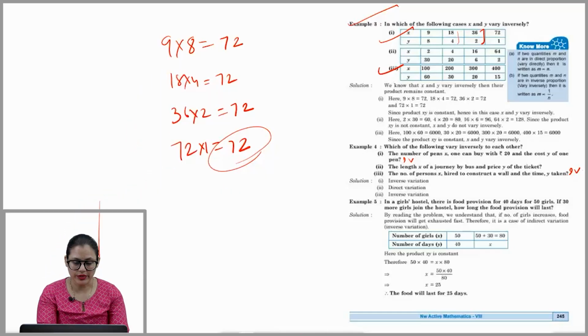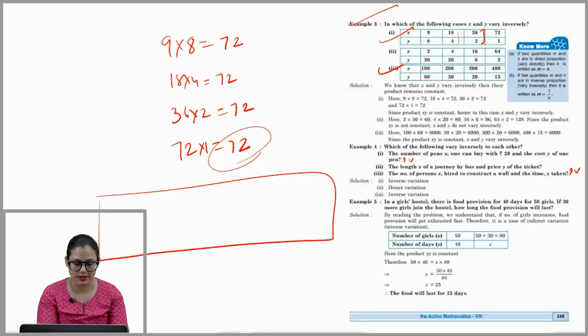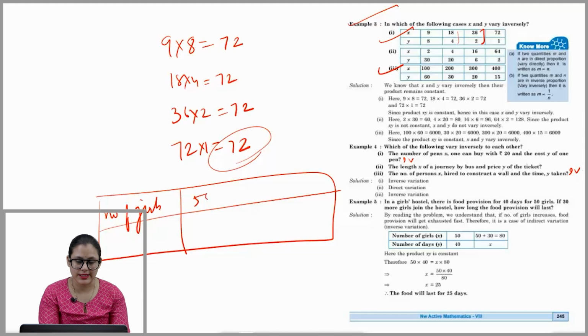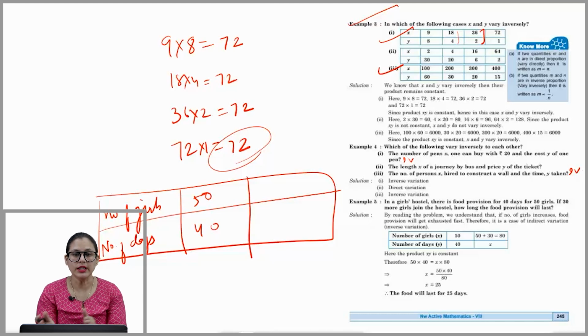Okay, so you will make a table first. Number of girls, there were 50 girls, and number of days, 40 days. Now 30 more join them. So you will not write 30 here, because 30 more girls join the hostel.